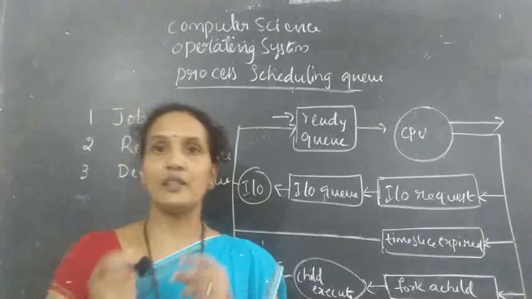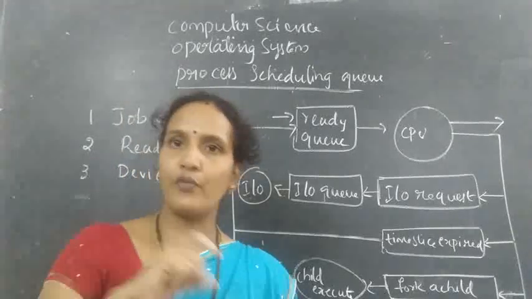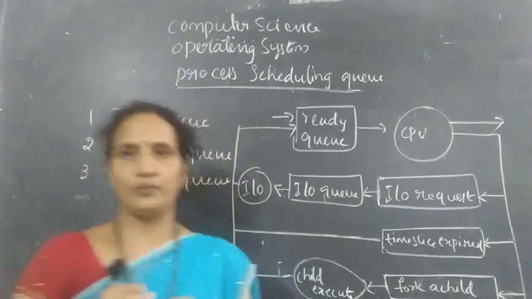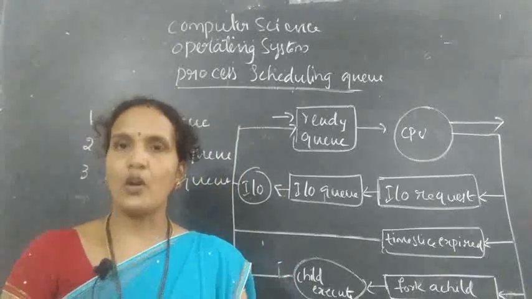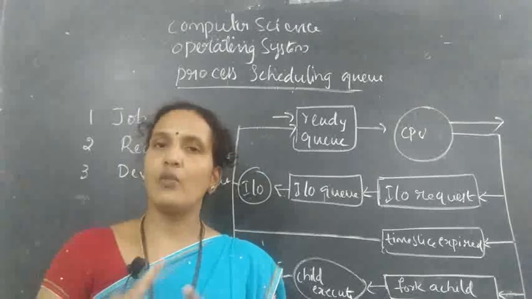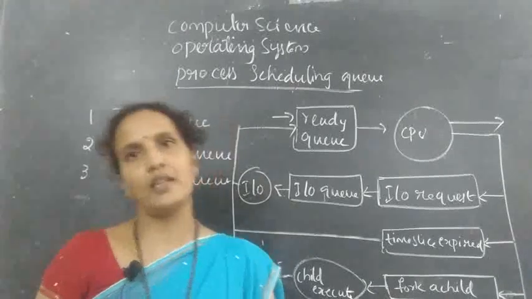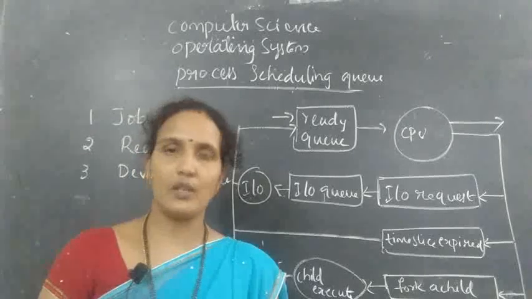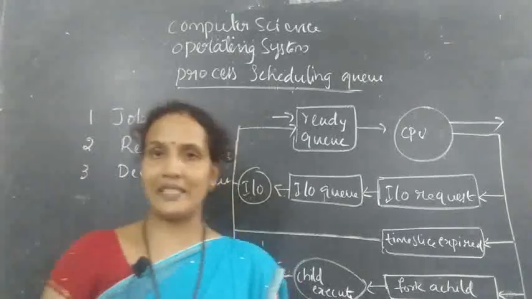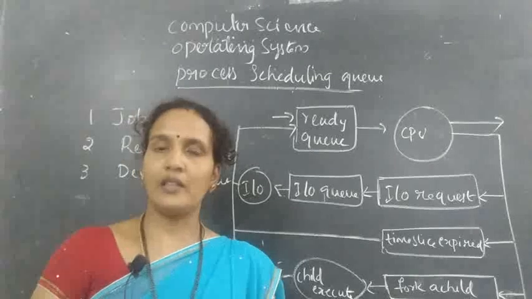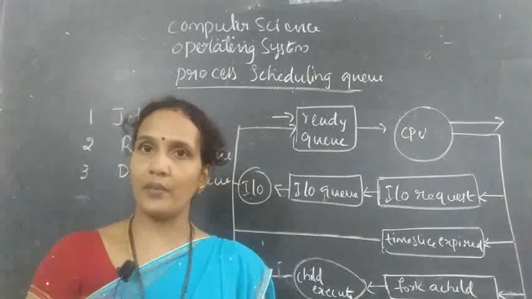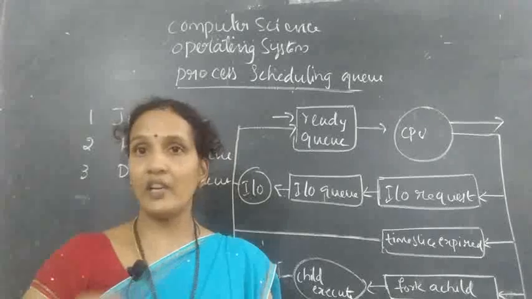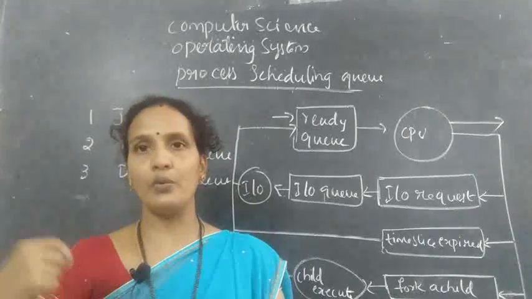So the process moves from one queue to another queue. The operating system maintains two queues: one for the process state and the second for the PCB. The PCB stores complete information about the process. When the process state changes, the PCB is unlinked from the current queue and moved to a new queue.